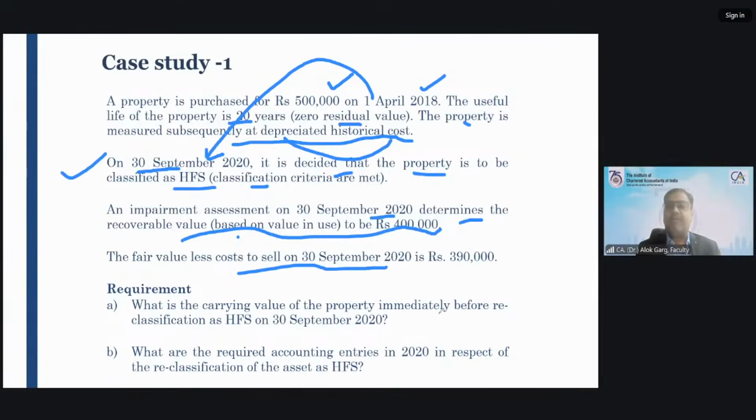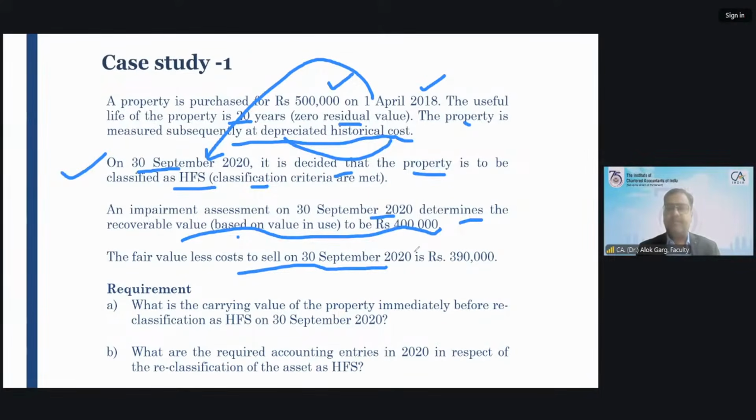Now, question number one. What is the carrying value as on 30th September 2020? How will we determine the carrying value, Saminathan? So for the carrying value, 5 lakh divided by 20 is 25,000, and for 2.5 years we have to provide depreciation: 5 lakh minus 62,500. That will be the carrying value.